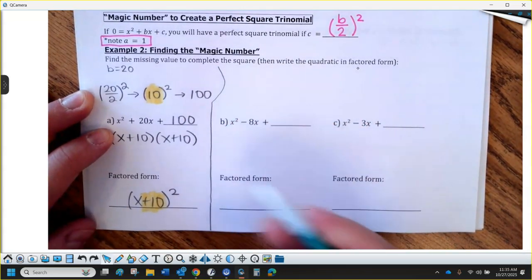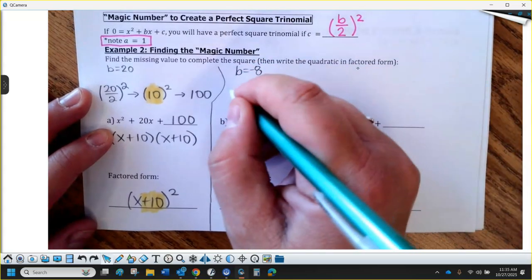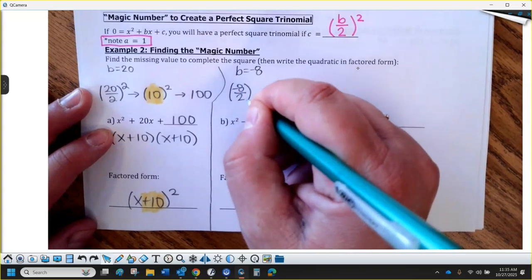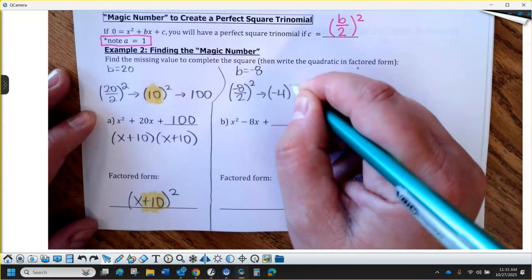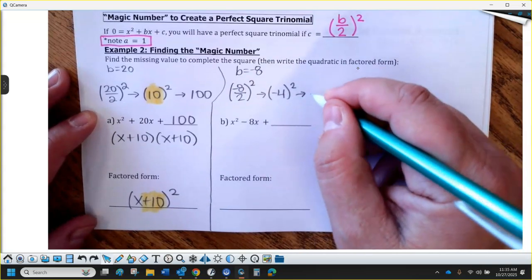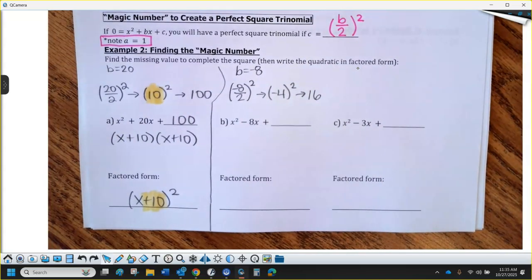All right, let me try another one here. So this one, my b value is just negative 8. To get this number, it's the b value, negative 8, divided by 2 squared. So this would be negative 4 squared. What do I get if I square negative 4? Positive 16. No matter what you plug in, you're going to square it, so it should always be adding something. So in this case, it'd be 16.